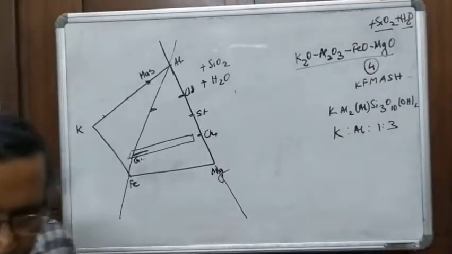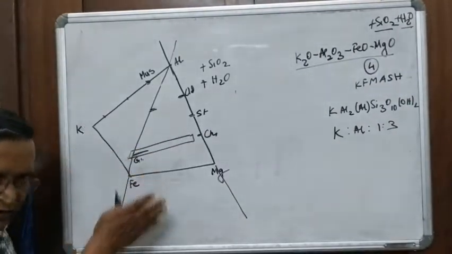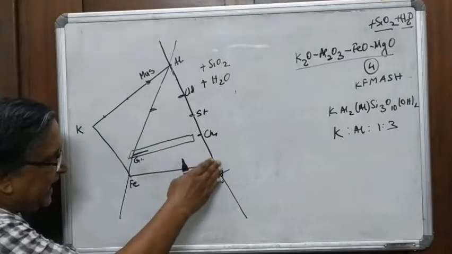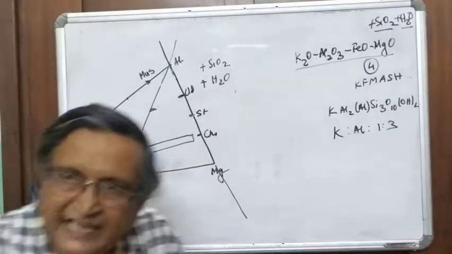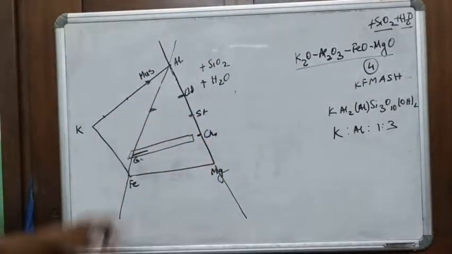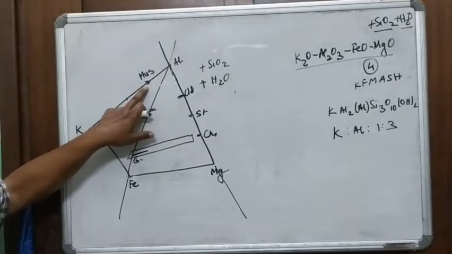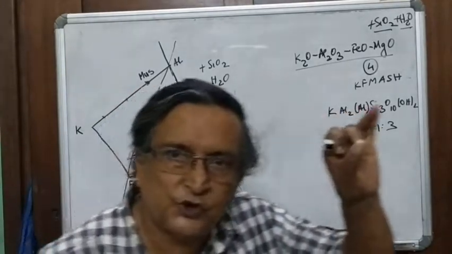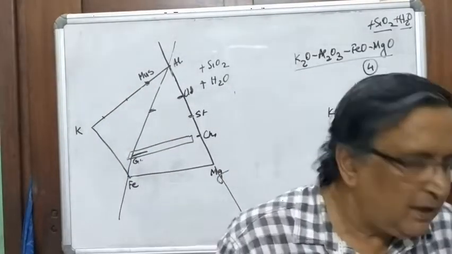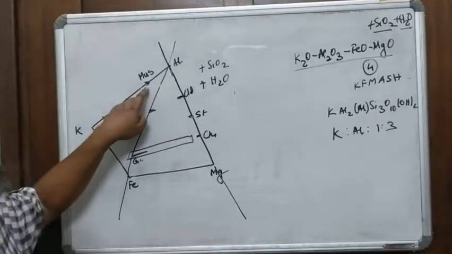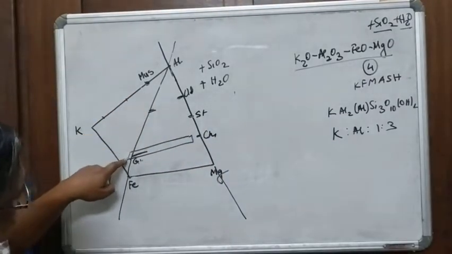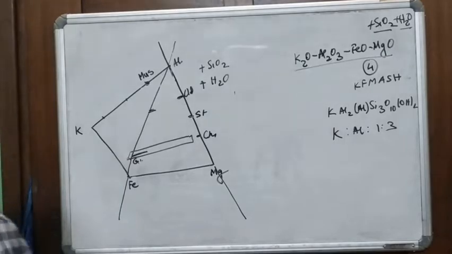So if you have to then plot biotite, AFM is the screen. Biotite plotting position, this is the source, and muscovite is the source, and the plotting position for biotite is inside.